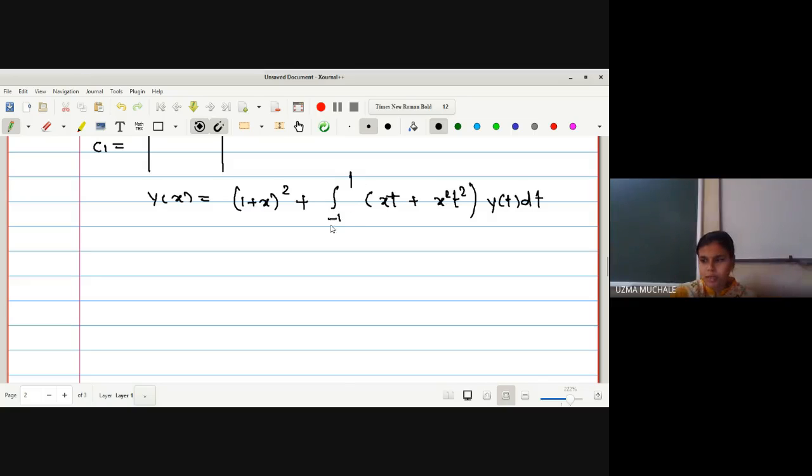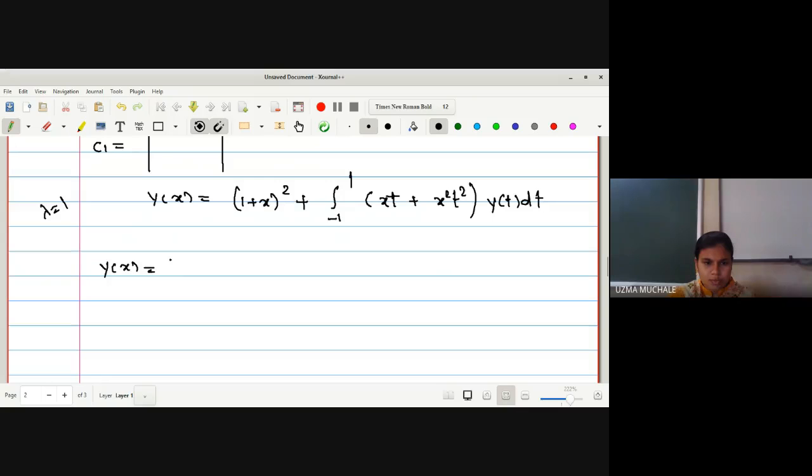Here the limits are not 0 to 1, they are from −1 to 1, and the value of lambda is also given to us, that is lambda is equal to 1. So let us solve this example.